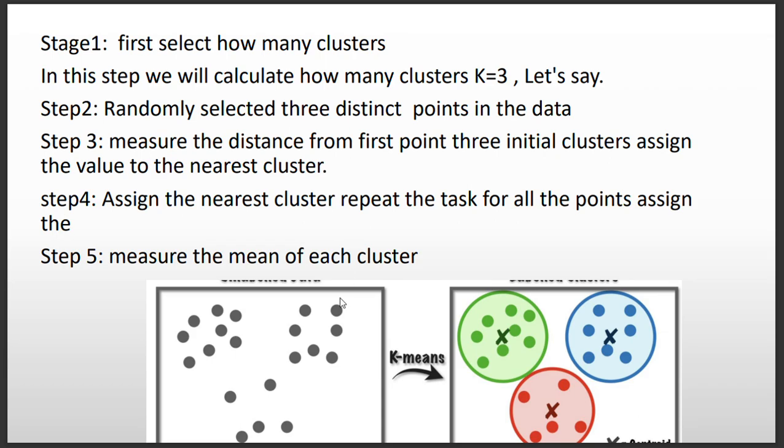Then we will measure the mean of the clusters. Each time we will do this task, and after applying the algorithm, it is divided into three groups. Let's say this is the green cluster, this is the blue cluster, and this is the red cluster.